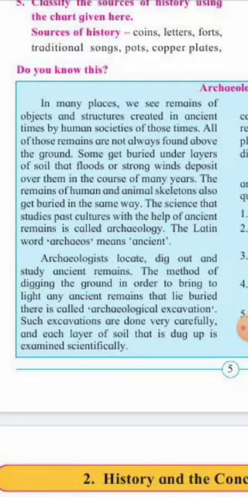Some get buried under layers of soil that floods or strong winds deposit over them in the course of many years. The remains of human and animal skeletons also get buried in the same way. The science that studies past cultures with the help of ancient remains is called archaeology. The Greek word archaeos means ancient.